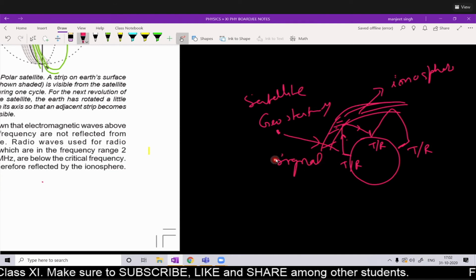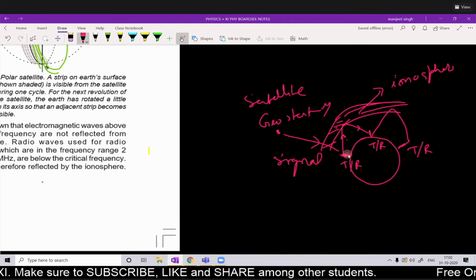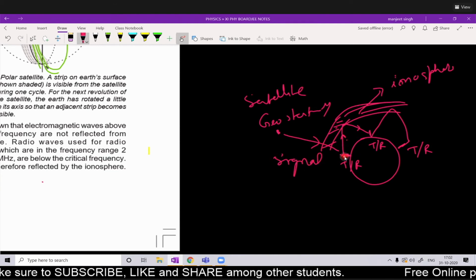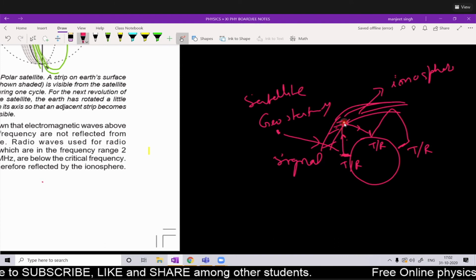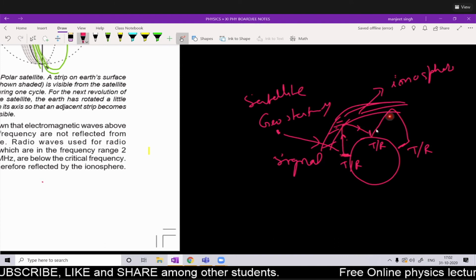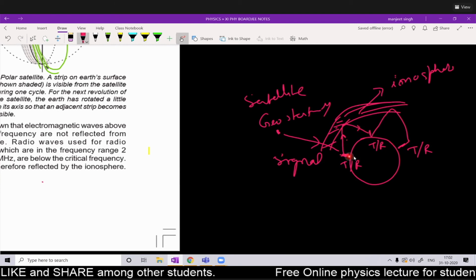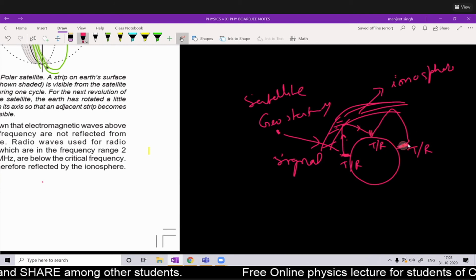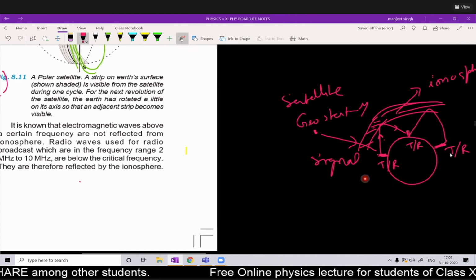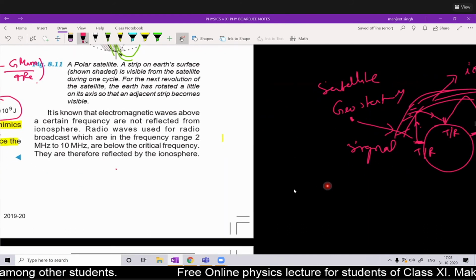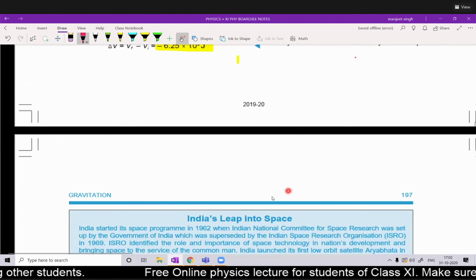It has been received by one of the TV stations. Now this will relay. This will send by 2 to 10 megahertz, and it will be reflected by the ionosphere, and this way these waves will be trapped inside, and antenna to antenna transmission will take place. TV transmission takes place by this method through the ionosphere.